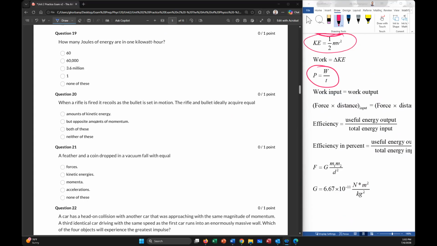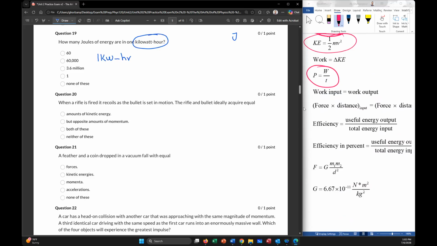Let's move on to question number 19. How many joules of energy are in 1 kilowatt hour? I'll just write it down: 1 kilowatt hour. It is telling how much energy.